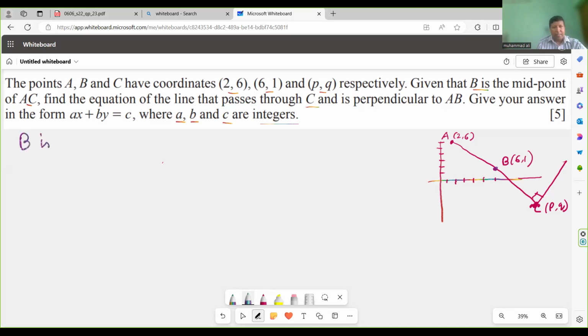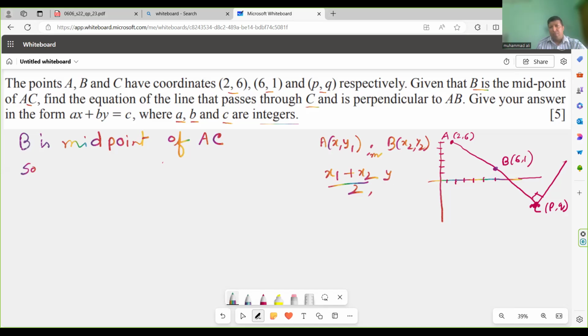B is the midpoint of AC. We know the formula: if A is (x1, y1) and B is (x2, y2), and M is the midpoint, the formula is (x1 + x2) divided by 2, (y1 + y2) divided by 2. This is the formula for finding the midpoint.